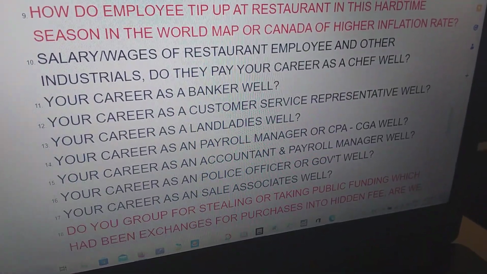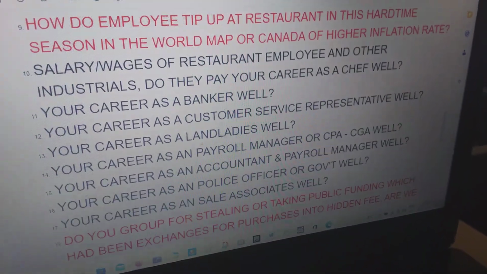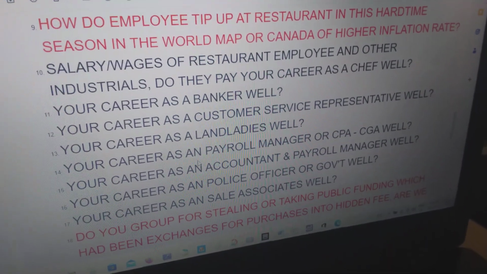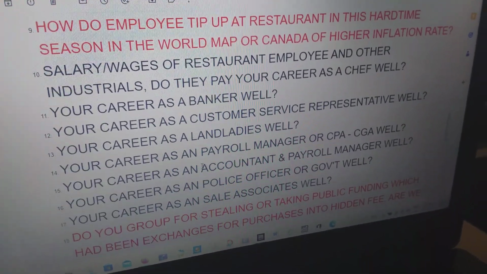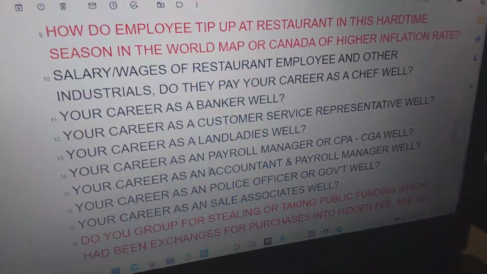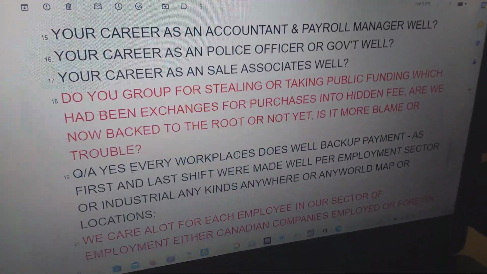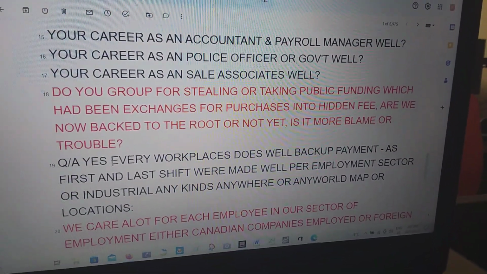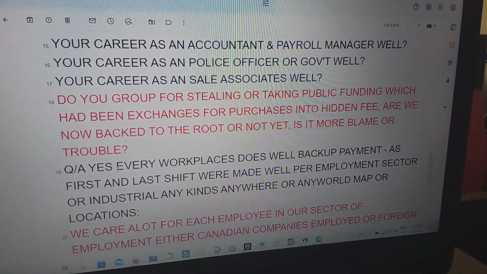Your career as a customer service representative well, as a landlady, as a payroll manager or a CPA, CGA, as an accountant, as a police officer or in government, as a sales associate well? Do you group for stealing or taking public funding, which had been the exchange for purchases into hidden fees?